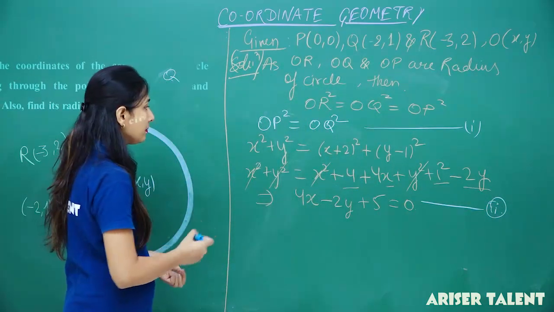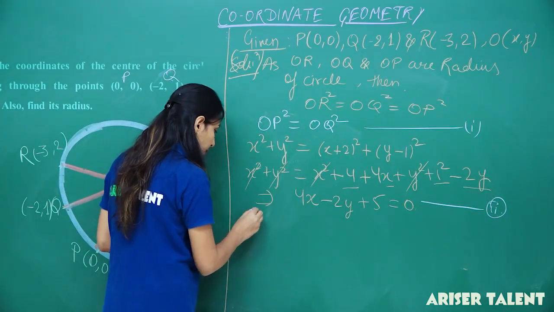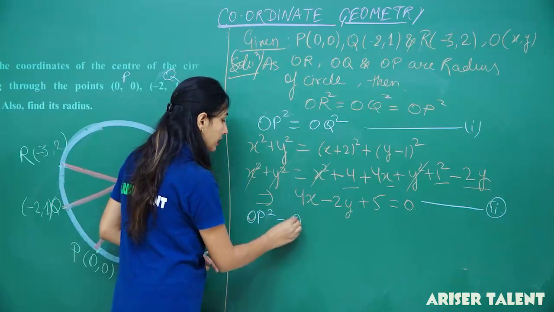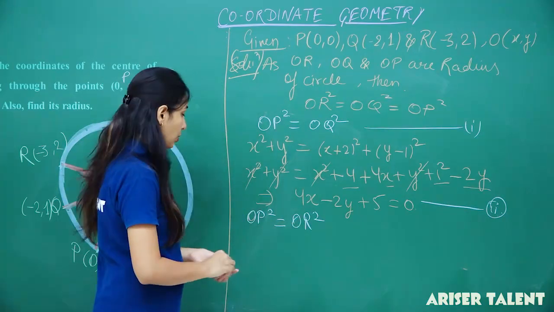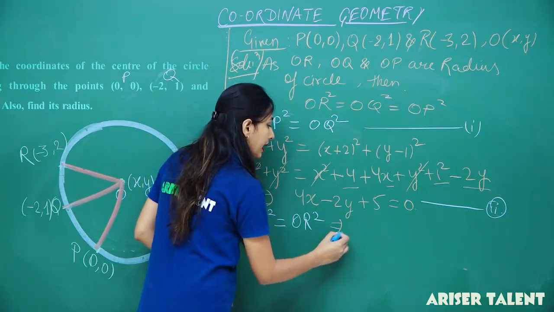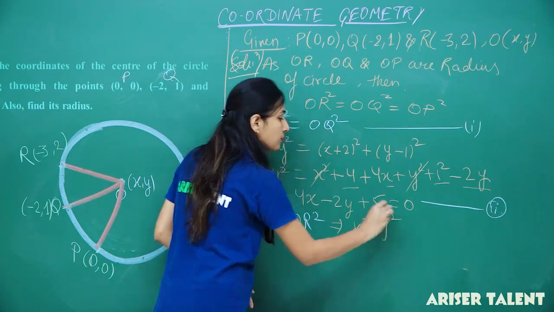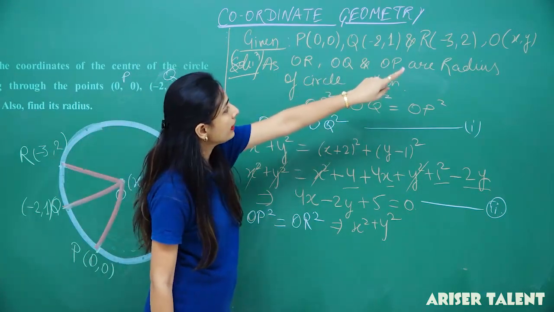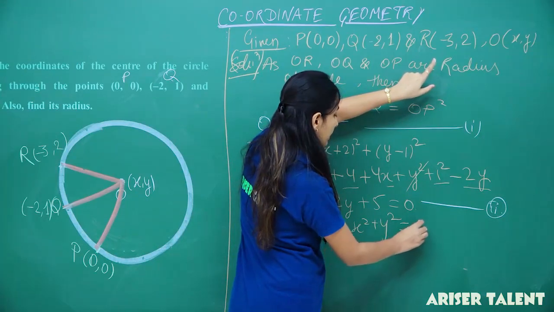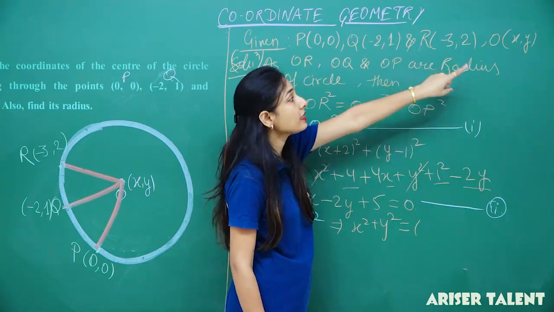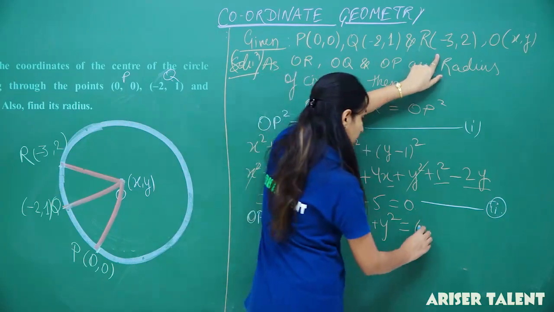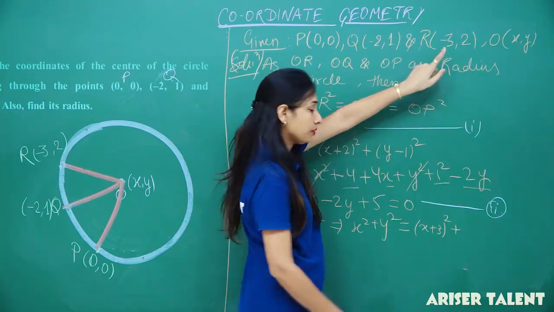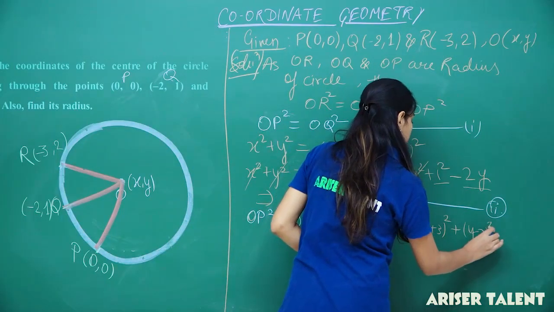Now what will we take? Again, OP square and OR square this time. OP square is again x square plus y square. Now talking about OR, O is there and R is there. So again x minus minus 3, x plus 3 whole square, plus y minus 2 whole square.